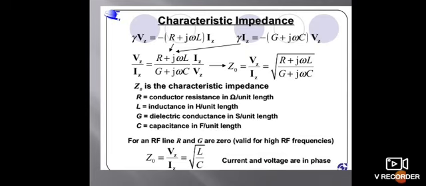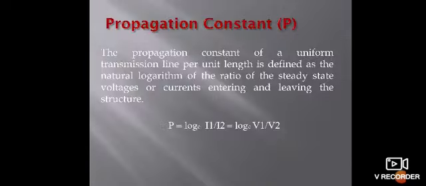So we get the square root of L by C. That means the characteristic impedance depends upon the inductance and the capacitance of our transmission line, and the current and voltage are going to be in the same phase. So that is the secondary constant of the first part, and the next one is the propagation constant.